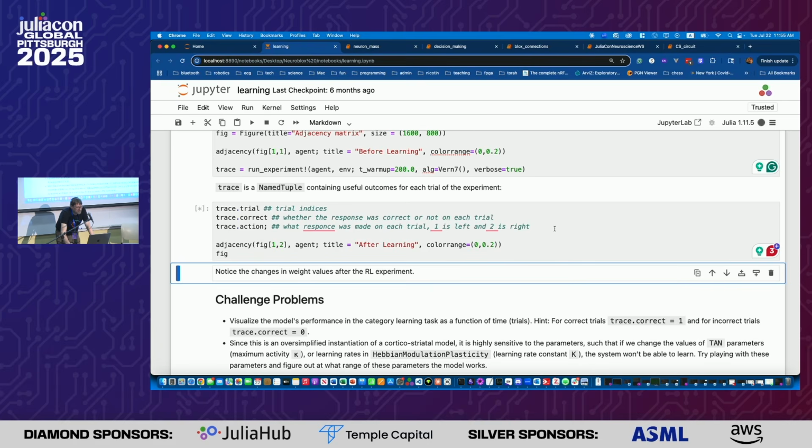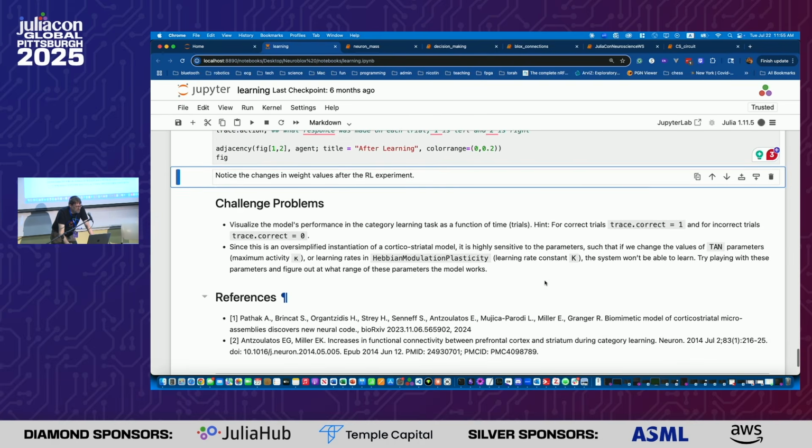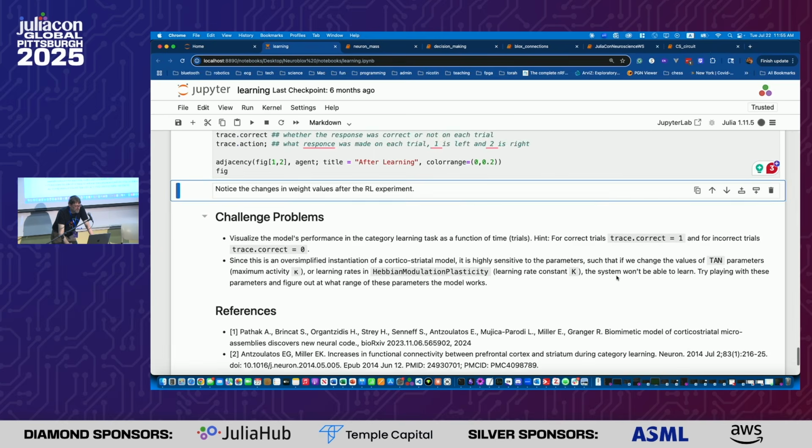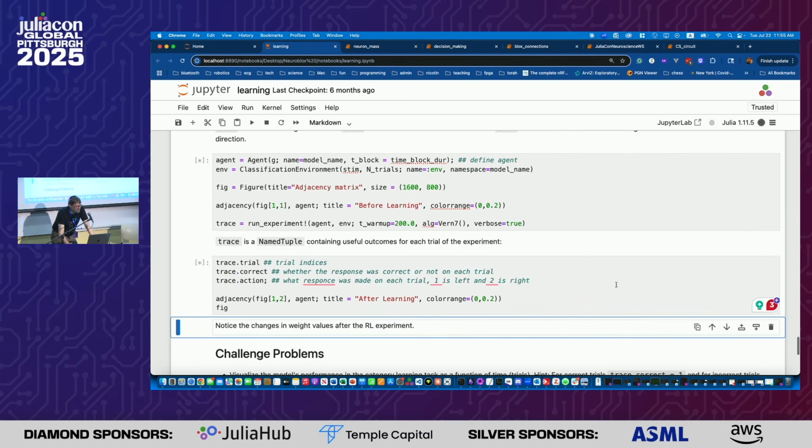But what we want to do is just show you that you can create the results of our paper with this notebook. And if you want to go into more detail, you can just take the script that is on Neuroblox.jl under published models to run the full model yourself. And we actually had some challenge problems for the IP. You can take a look at this.